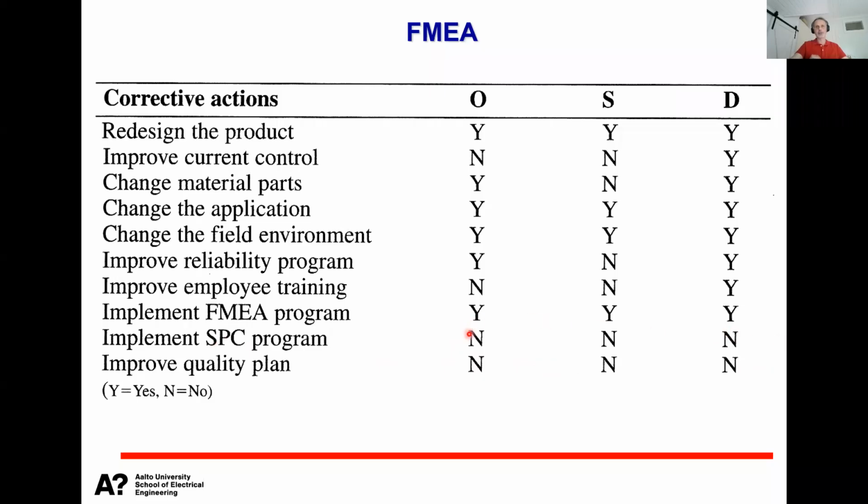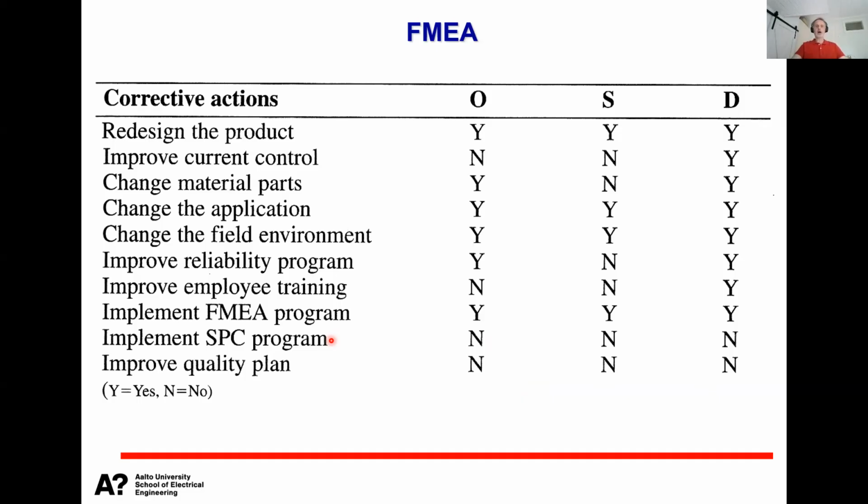Maybe this is not that strict, because if you are improving the statistical process control, then you get data on the defects, you can narrow down the variation of your process and so on. So you could, for example, decrease the occurrence levels. But this table wants to highlight that if you are doing this kind of statistical process controlling, it is not improving anything from the FMEA viewpoint.